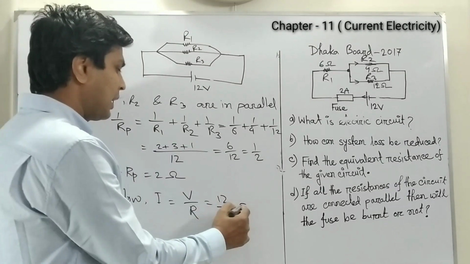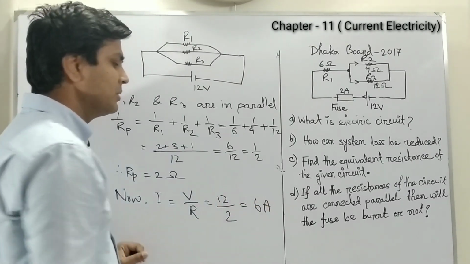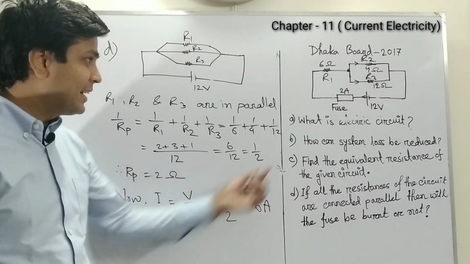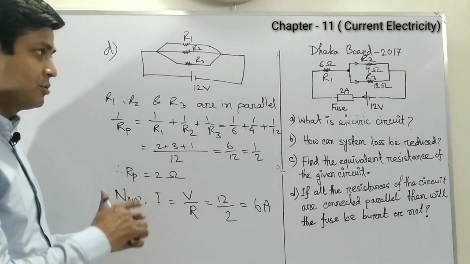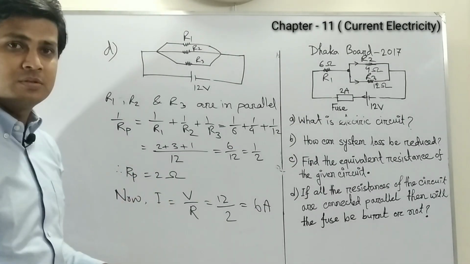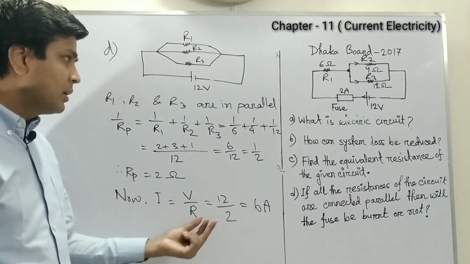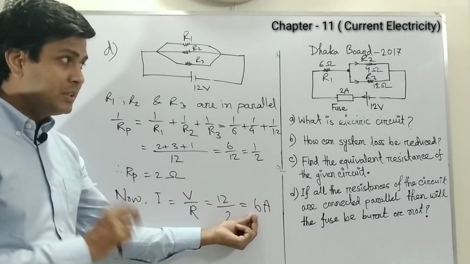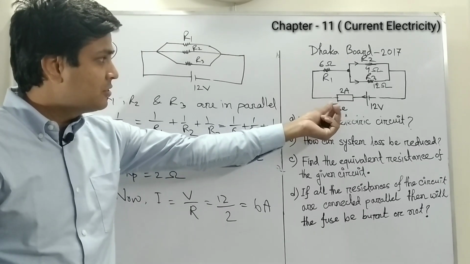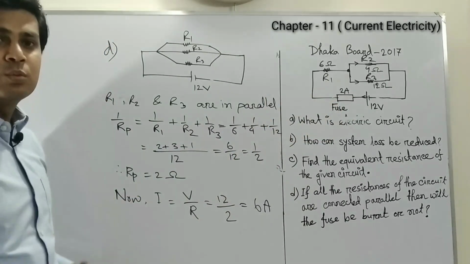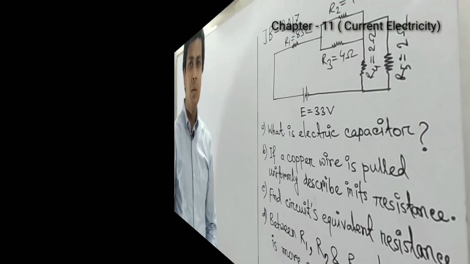So the current of the circuit will be 6 ampere, which is greater than the current the fuse can carry, the capacity of the fuse being 2 ampere. Though 6 ampere current is more than the capacity of the fuse, so the fuse will be burned.